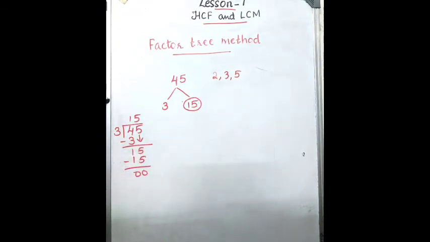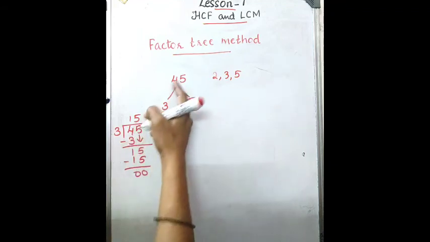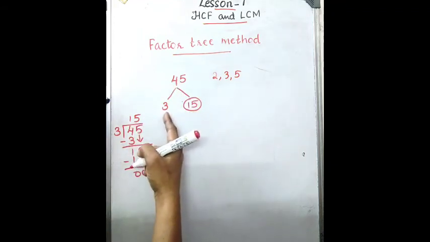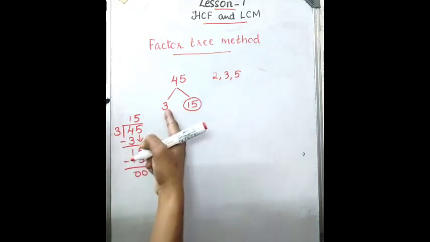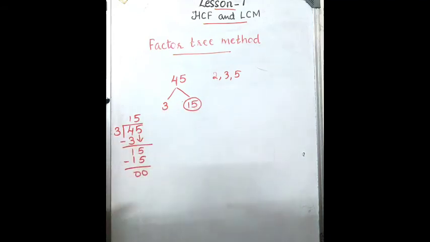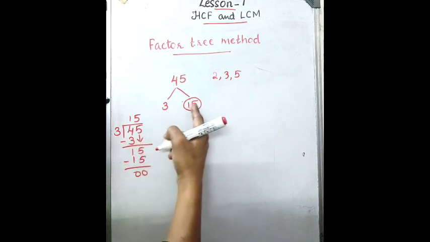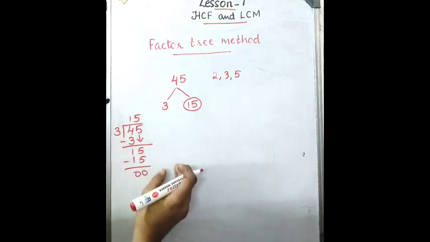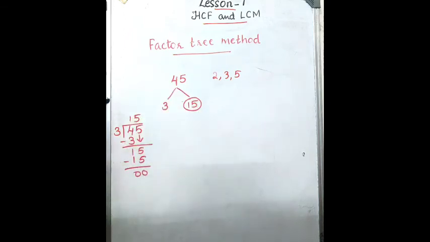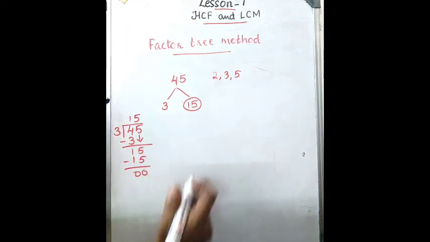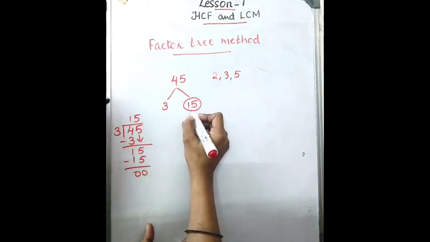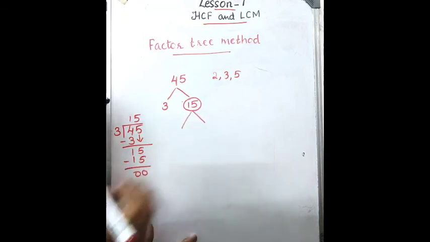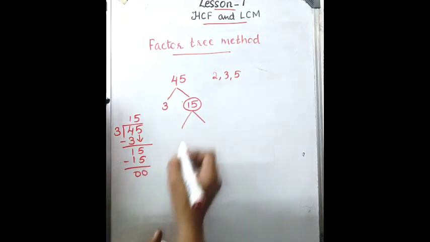We can write 3 into 15 equals 45. We have to write the smallest prime factor, so we can write 5 also. 5 nines are 45. We can write 5 here and 9 here. On one side we write the composite number and on one side we write the prime number. Here this is a composite number, so we can again divide this number into prime factors.